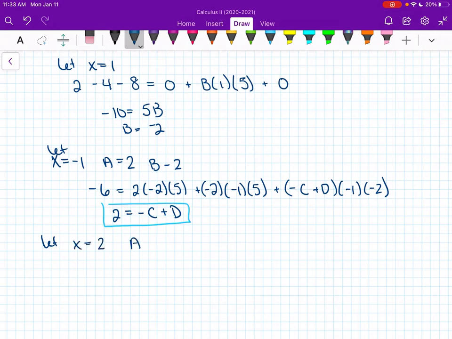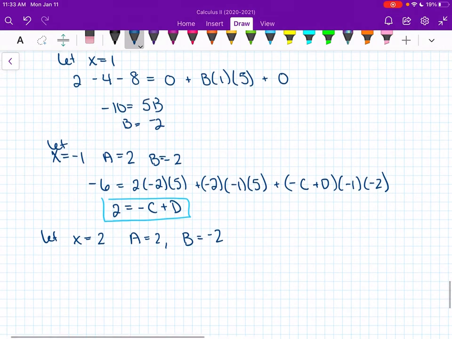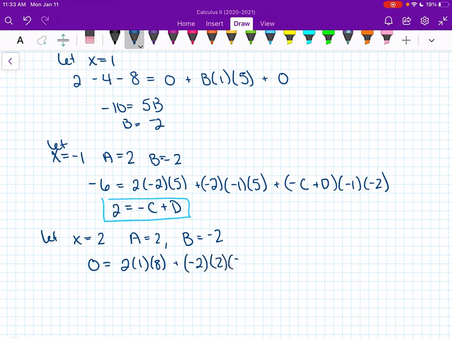So if x equals 2, a equals 2, and b equals -2, I forgot my equal sign up there. Then what I'm going to get is 0 equals 2 times 1 times 8 plus -2 times 2 times 8.